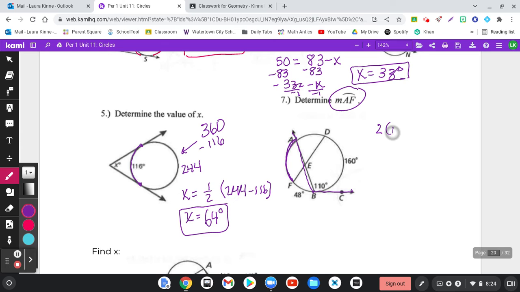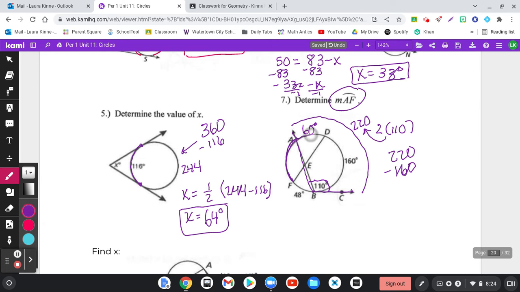So if you double 110, you get 220. So that means from here to the other side of your angle is 220. Right? Because it's double the angle here. So now if we do 220 minus 160, you get 60 for this.